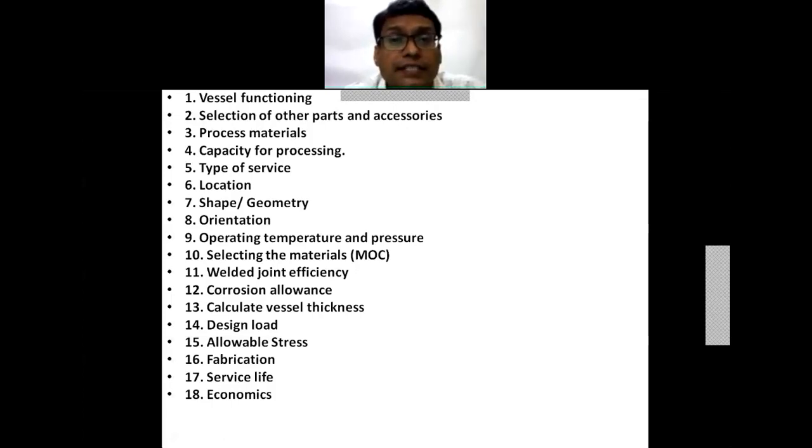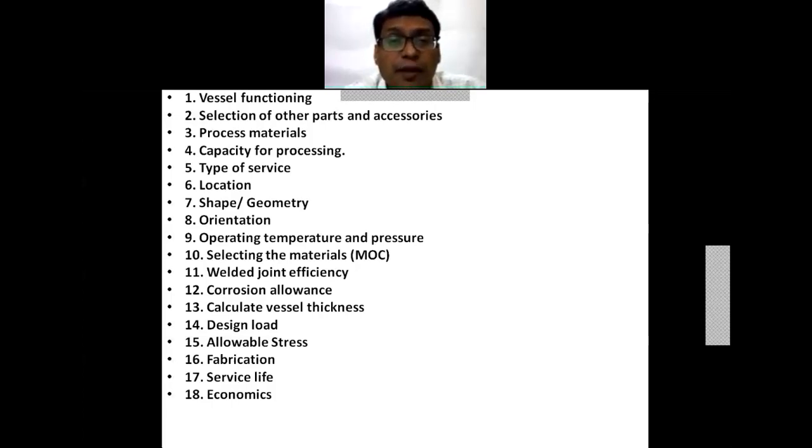Then the capacity for processing: this much amount of fluid is to be processed to produce this much amount of the desired product. Then the type of service, then location, whether it is located inside the building or outside the building.